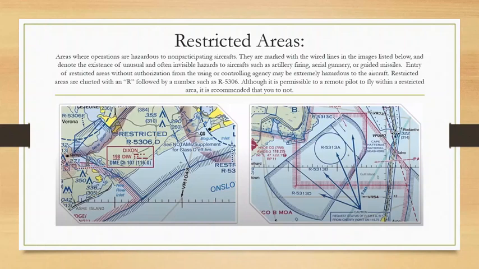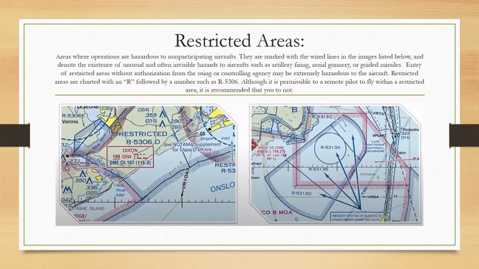So entry of these restricted areas without authorization from the using or controlling agency may be extremely hazardous to the aircraft, and restricted areas are typically going to be charted with an R followed by a number such as R5306, which you can see in the bottom left hand corner there.